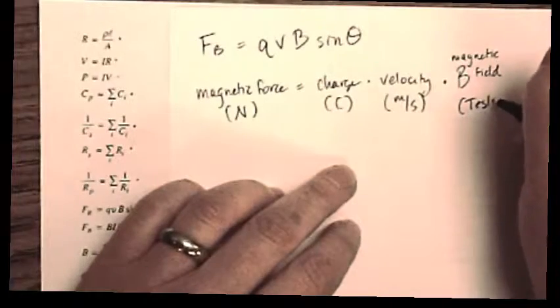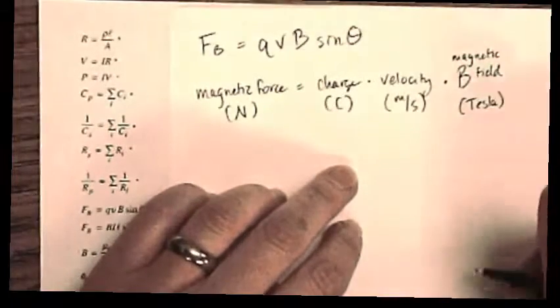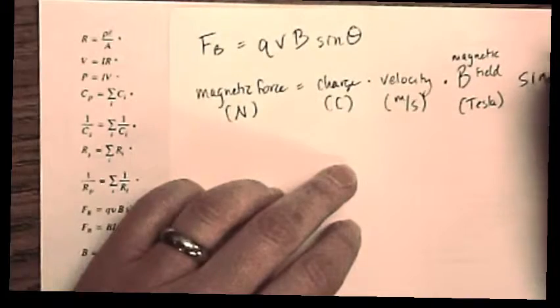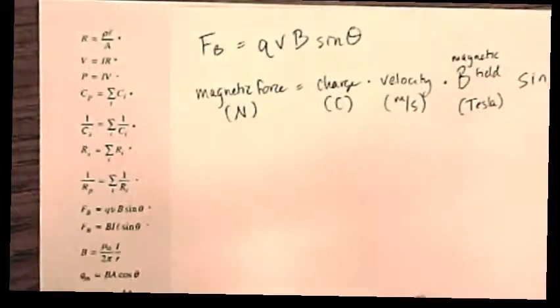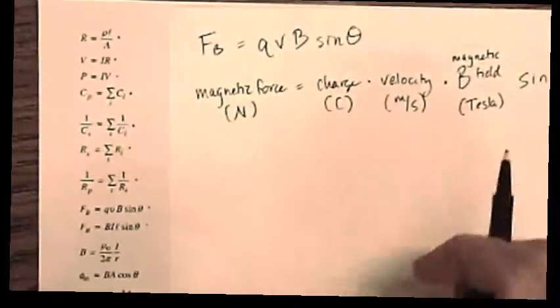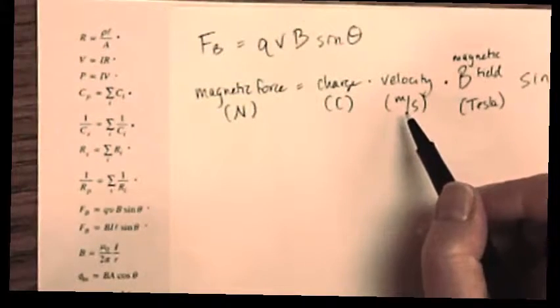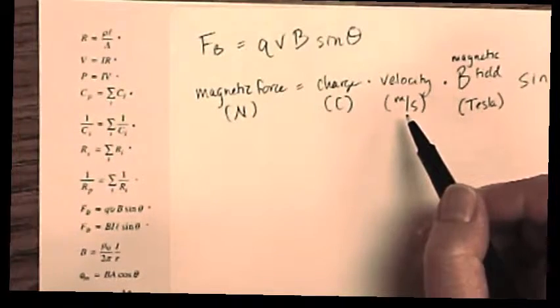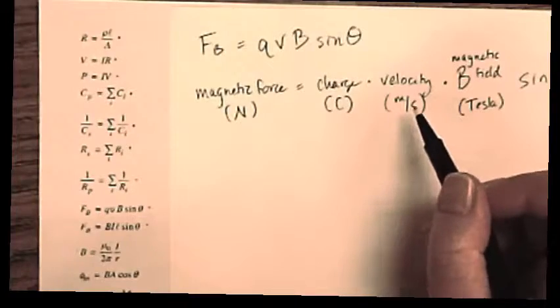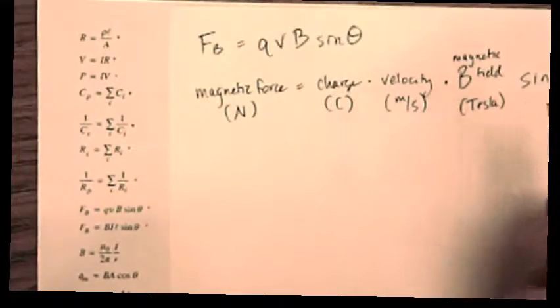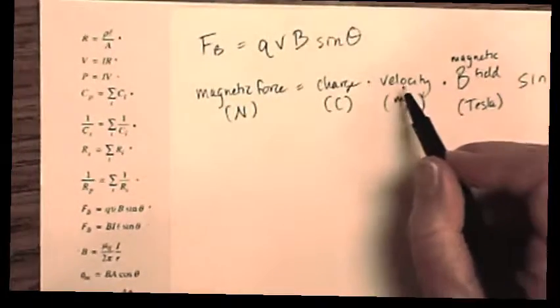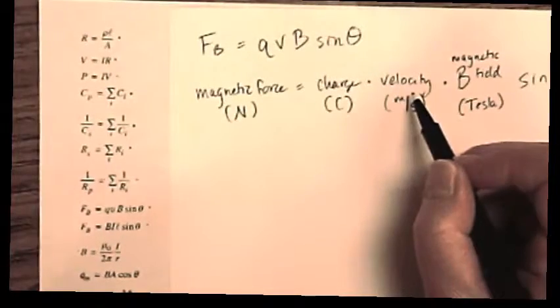That's measured in Tesla, or T, and then times the sine of the angle between the magnetic field and the direction of the moving particle. In order for there to be a force, we need the direction of the field and the direction of the velocity to be perpendicular.